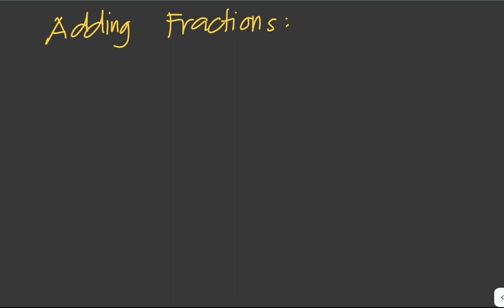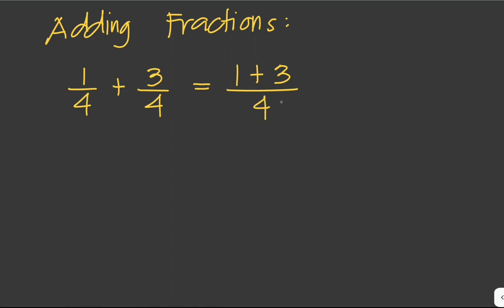Say for example of fractions with the same denominator, say 1/4 plus 3/4. So in this case, since the two fractions have the same denominators, we just have to add the numerators directly and then copy the denominator, which is 4. So this is just equal to 4/4 or equal to 1.